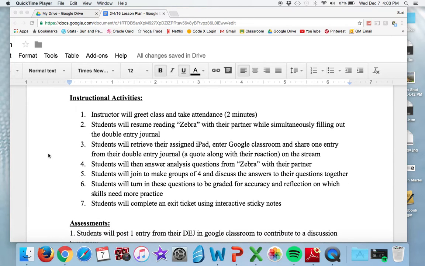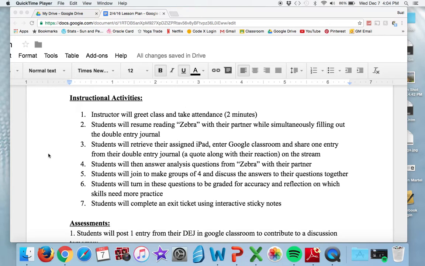Next, students will resume reading Zebra, that was the name of the story, with their partner while simultaneously filling out the double entry journal. Next, students will get their assigned iPad, enter Google Classroom, and share one entry from their double entry journal.